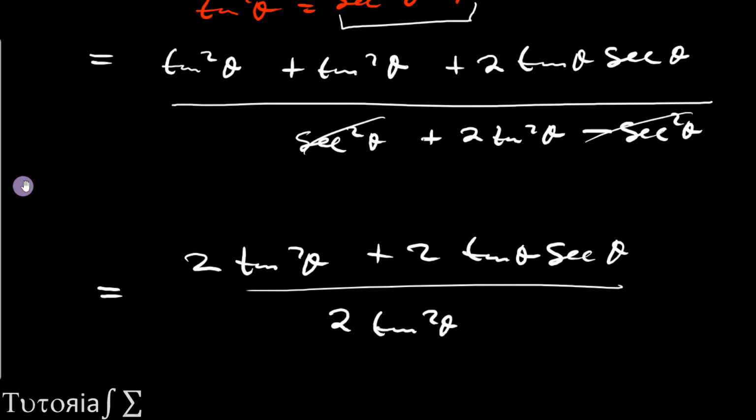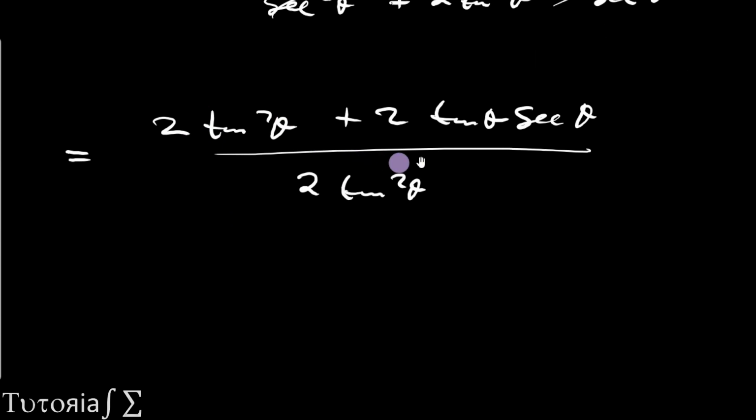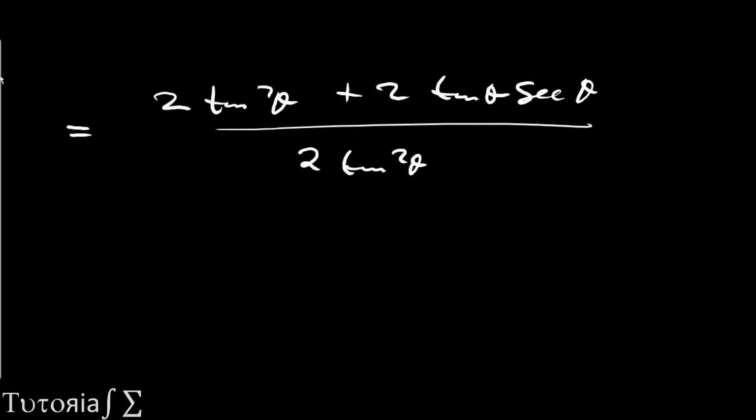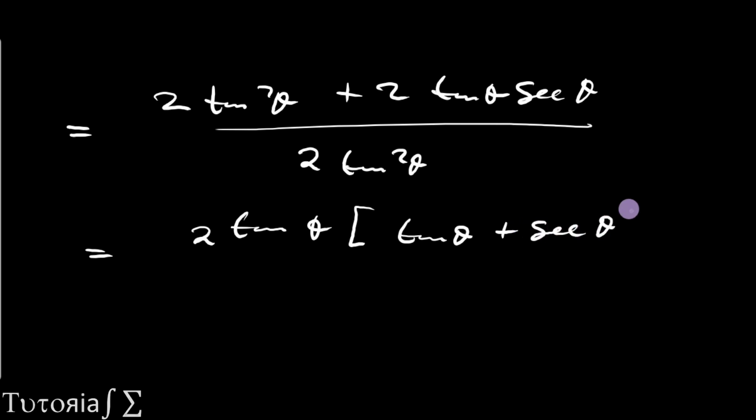Then here we can factor out 2 tan theta. Then what will remain here is tan theta, and here we're going to remain with sec theta, all over.